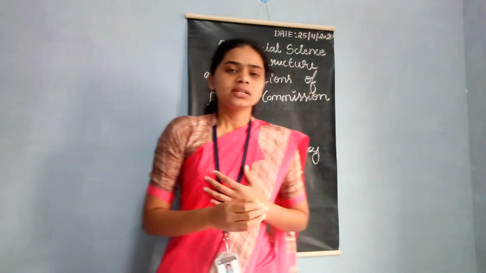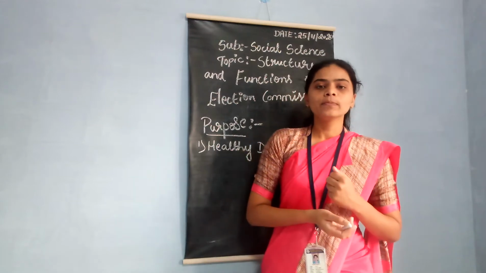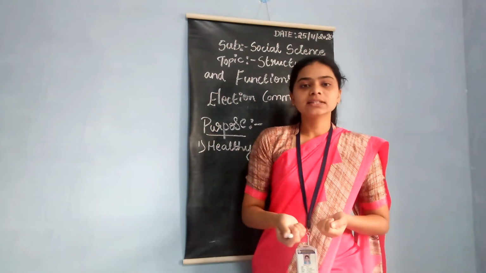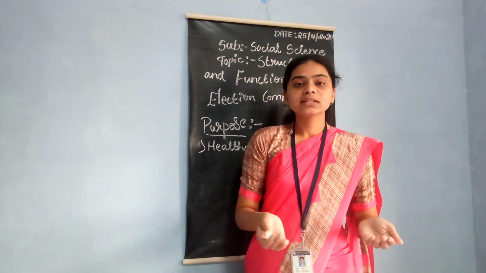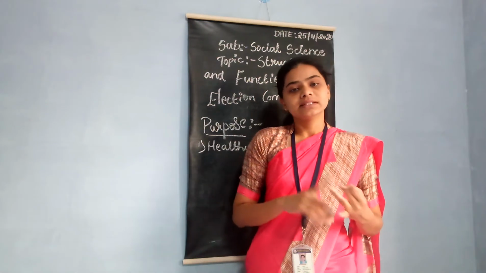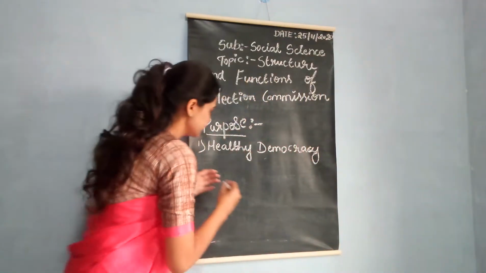Then it is not only to create a healthy democracy, but also to elect the state and central governments. We have to conduct the elections for state and central elections. For that purpose also we need elections.